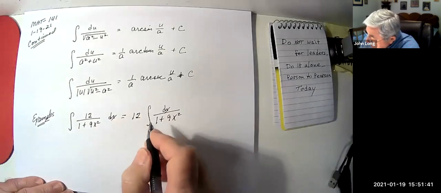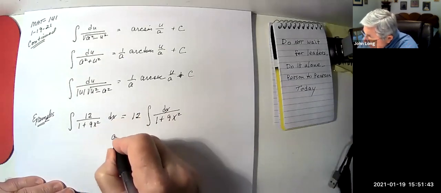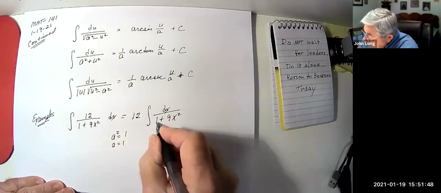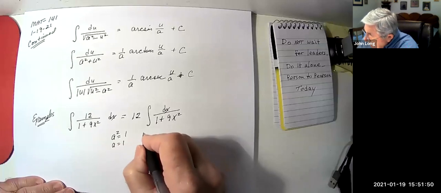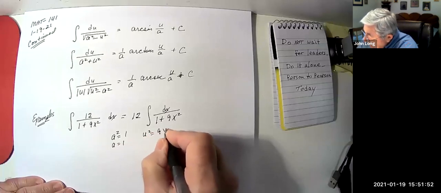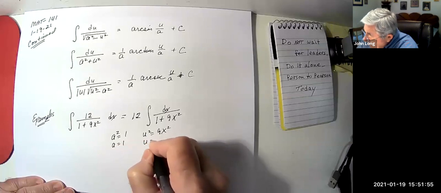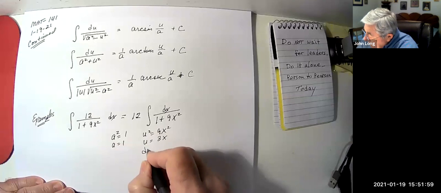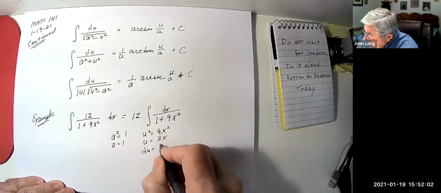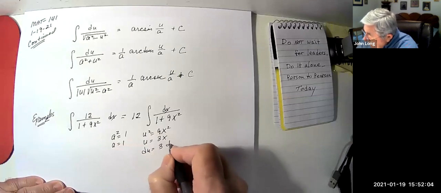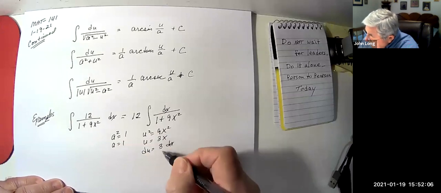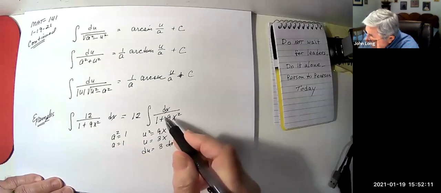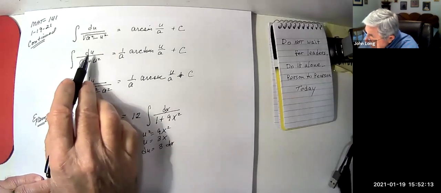So this is a problem in which the observation is made that a squared is 1, therefore a is 1. The u square is 9x squared, which makes the u 3x, and the du is a derivative of that, 3 dx. You see, it's very necessary to make sure you understand that we have to have du in the top.